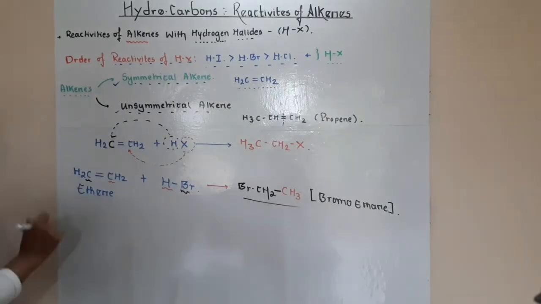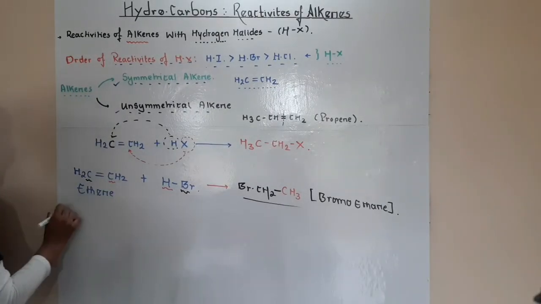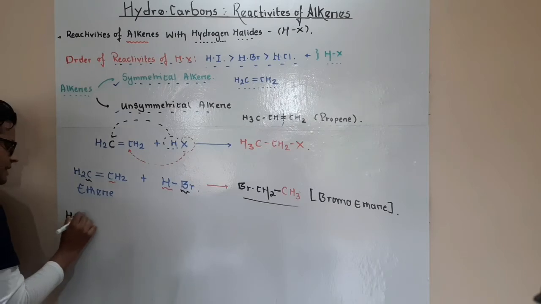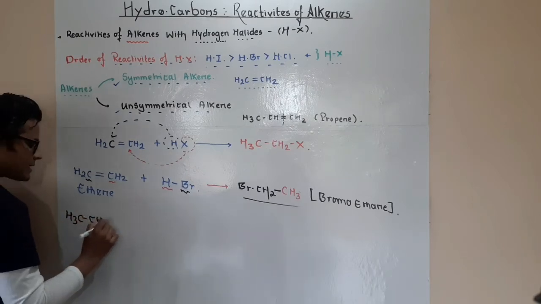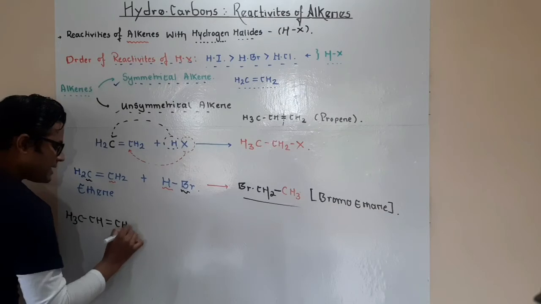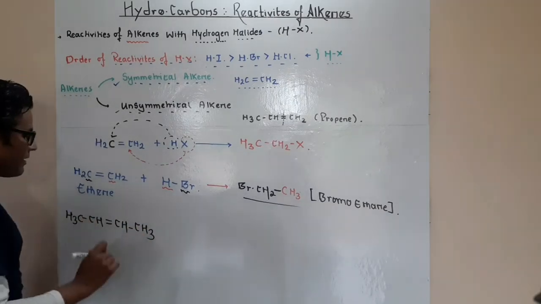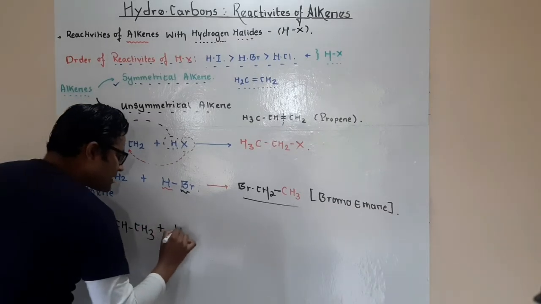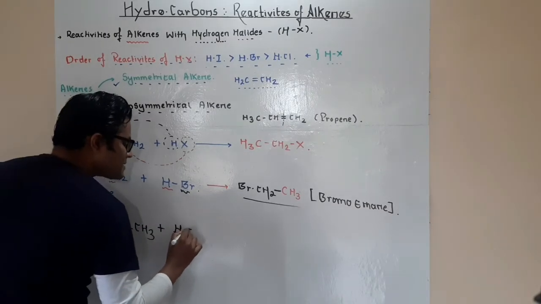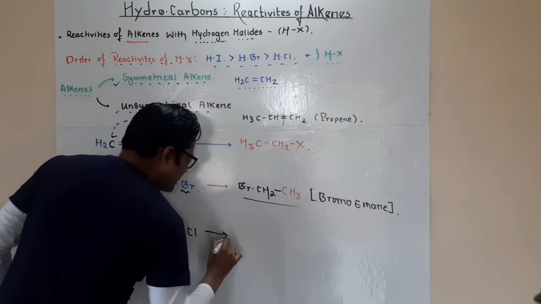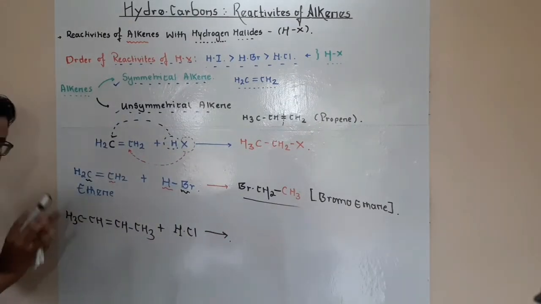Now we can also take one more example, such as CH3, CH, double bond, CH, CH3. Let's add HCl to this. Again, it is a symmetrical one.